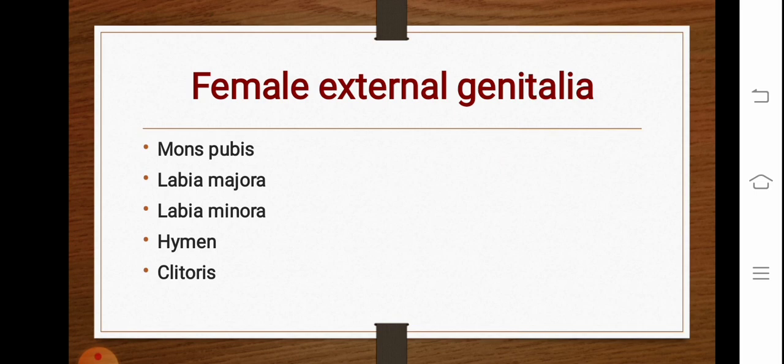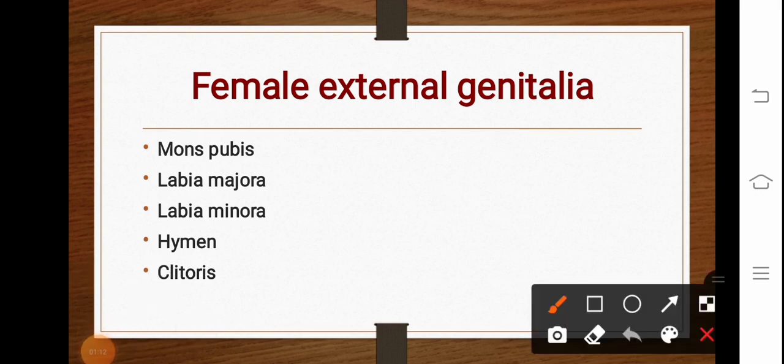The things which are included in external genitalia are mons pubis, repeat with me, mons pubis, labia majora, labia minora, hymen and clitoris. Okay, so the first one, mons pubis. As the name indicates, pubis, it will have pubic hair.